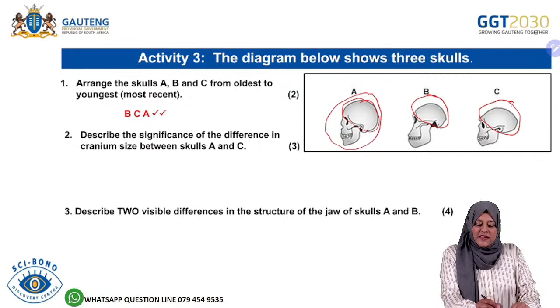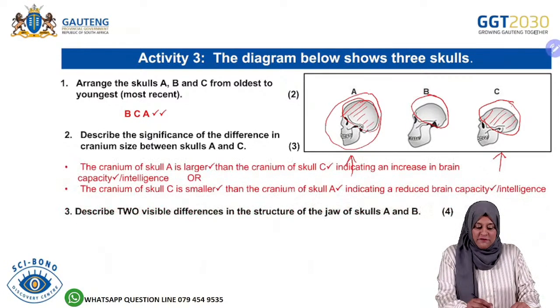Describe the significance of the difference in cranium size between skulls A and skulls C. So we are looking at the entire skull, but now we are saying describe the significance in the difference of the cranium size. So now we're only looking at the cranium size, right? What is the significance of this difference?